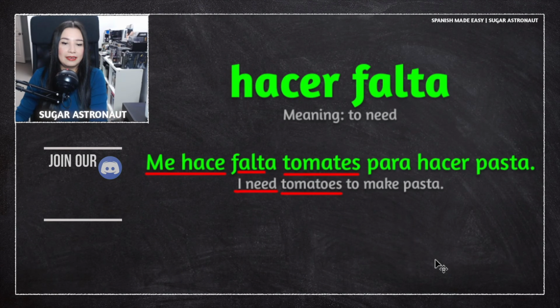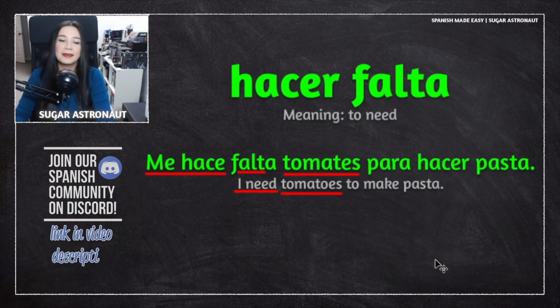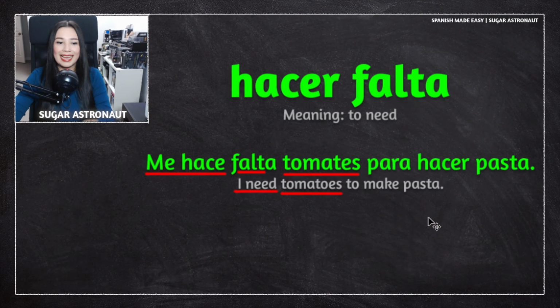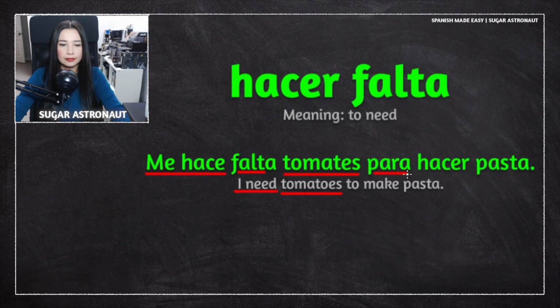You can add other veggies and so on, but when you add tomatoes to pasta, usually they're red. Anyways, so me hace falta tomates. I need tomatoes para hacer, to make pasta.